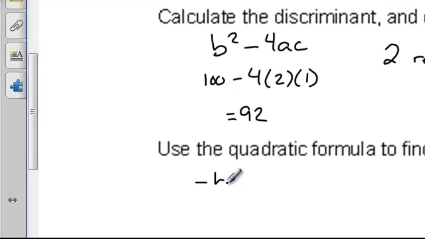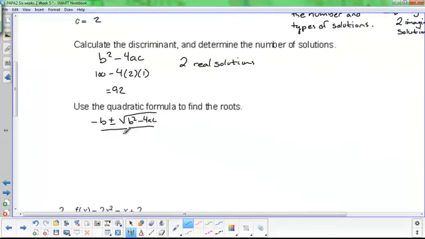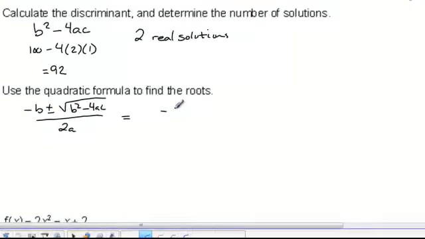So it's the opposite of b plus or minus the square root of b squared minus 4ac, all over 2a. I can hear the Addams Family song going right now in your head. The opposite of b, which is 10, plus or minus the square root of 100 minus 4 times 1 times 2.